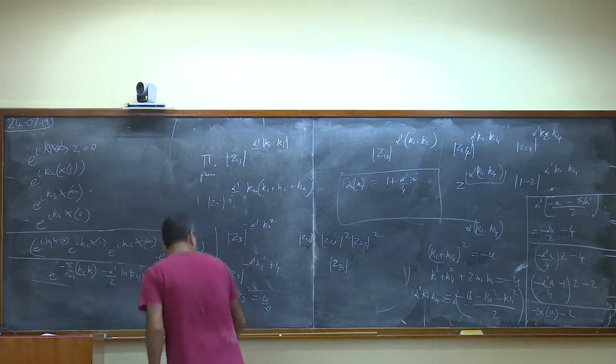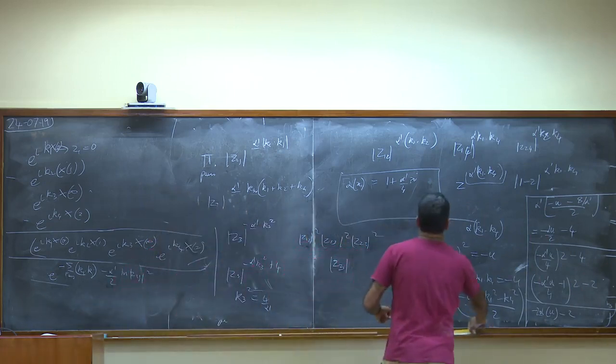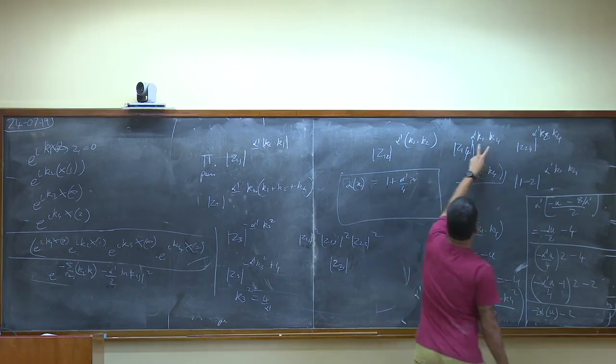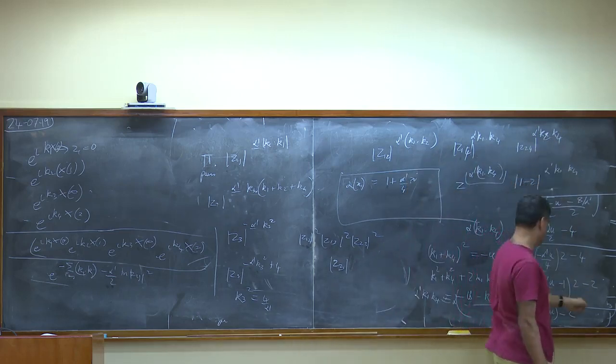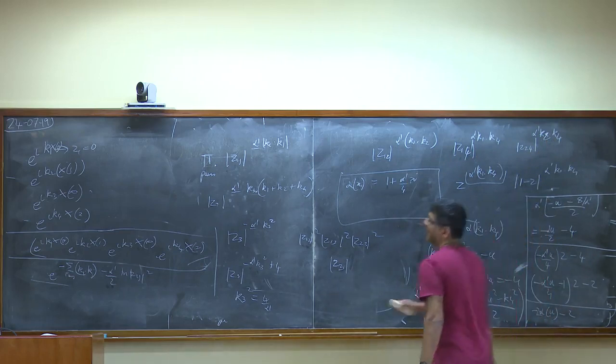So that's what we got from K1 dot K4, and here we will get K2 dot K4, which is the same as K1 dot K3, so the same thing with t.